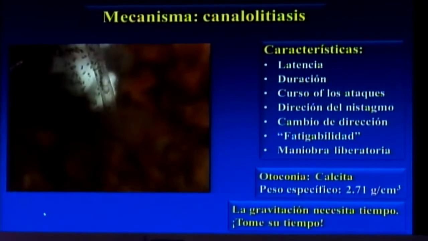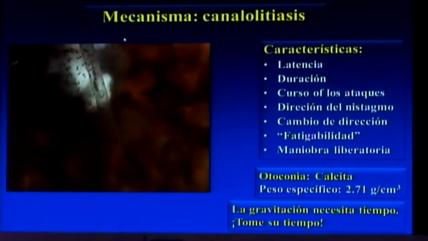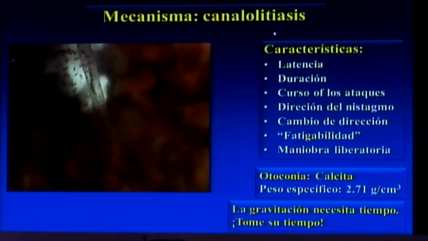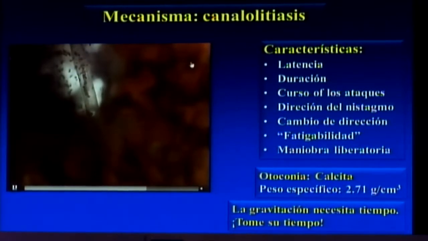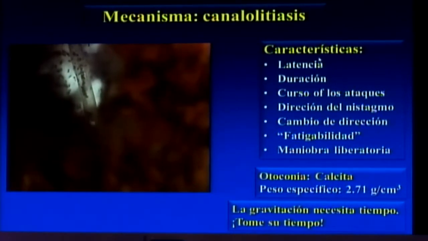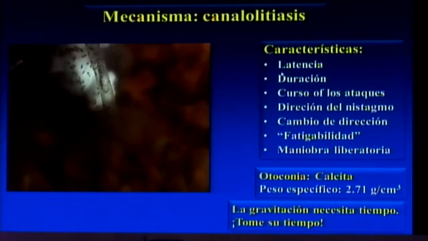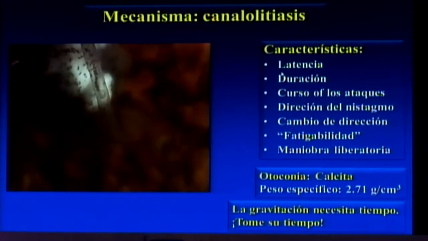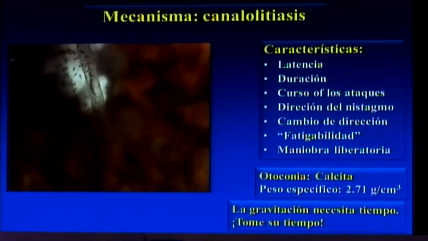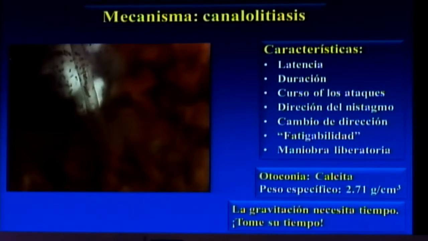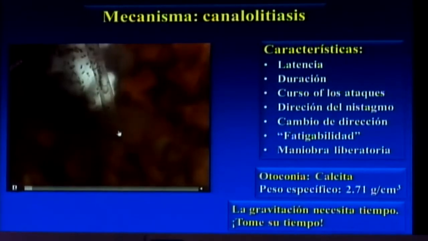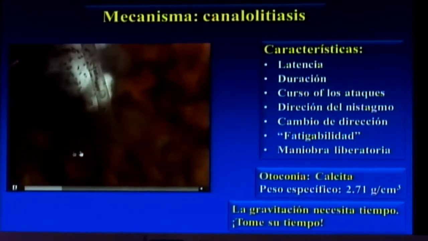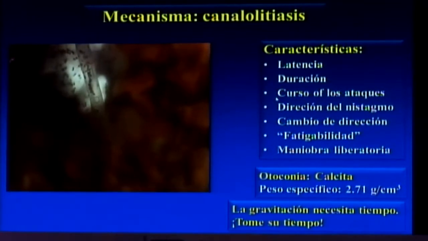In most patients, it's caused by canalolithiasis, that means freely moving clots within the semicircular canal, and they can explain all the characteristics. The symptoms normally begin with a latency, the time it takes to accelerate the otoconia. The duration is 30 to 60 seconds, the time it takes for the clot to move to the lowest point relative to gravity.